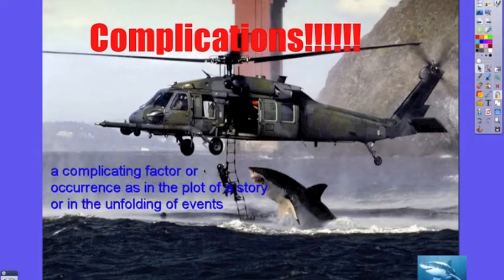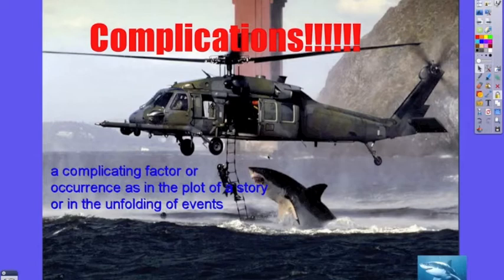When something's going on, namely here our pilot is being rescued, and something else intervenes or comes into the situation, like the shark, we have a complication. Complications are used to build our suspense in addition to our main conflict, our main issue.